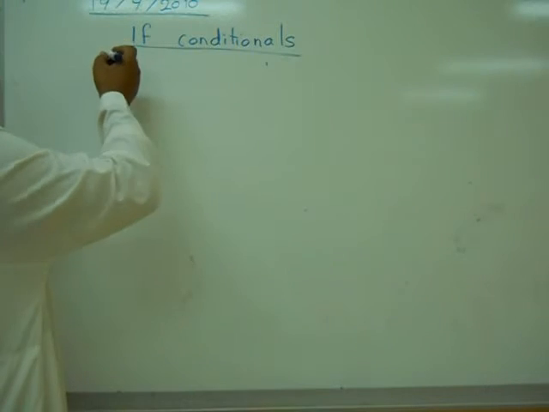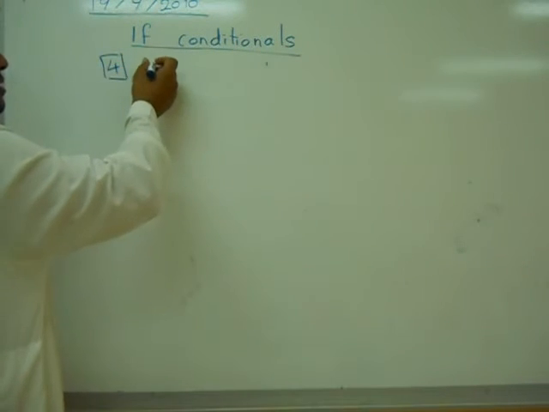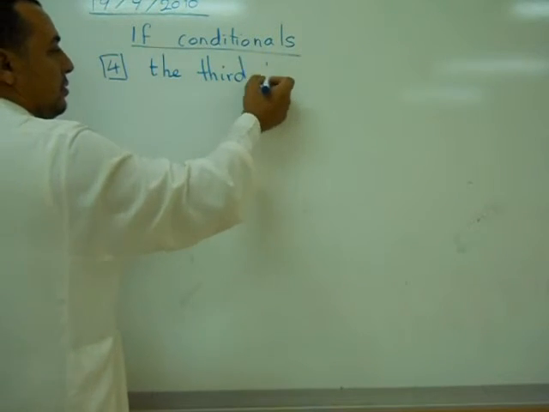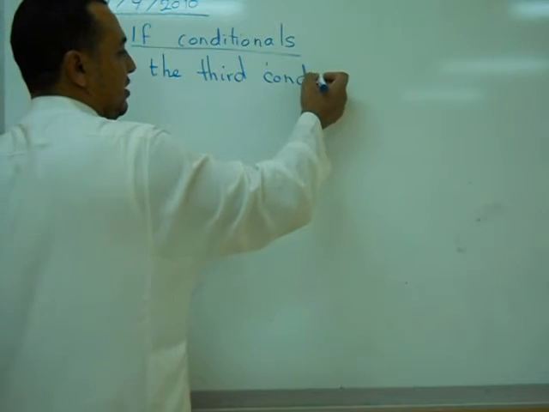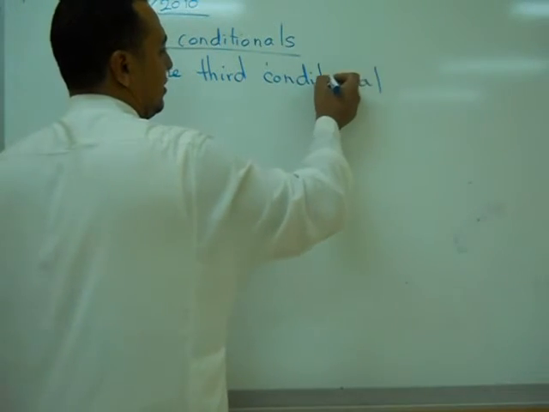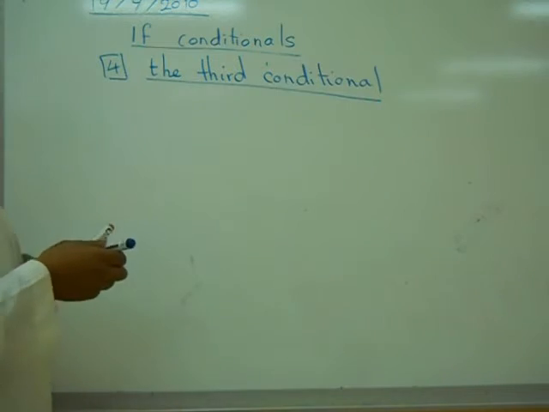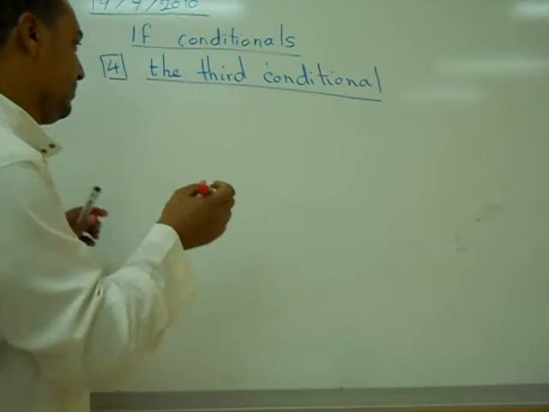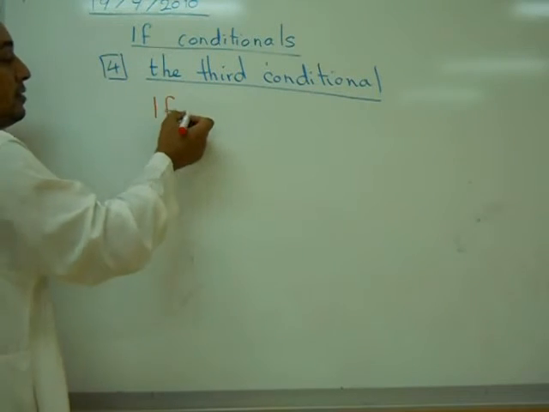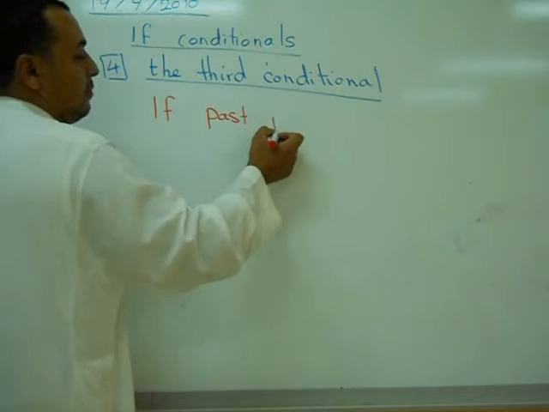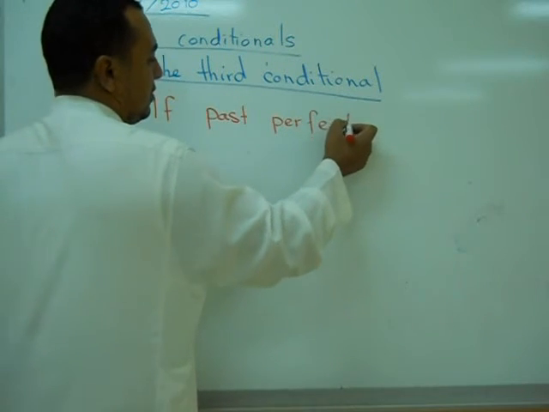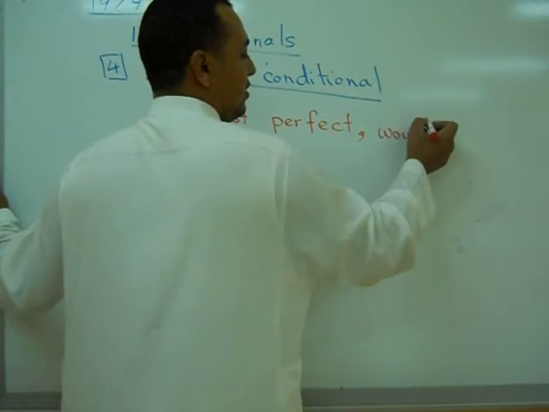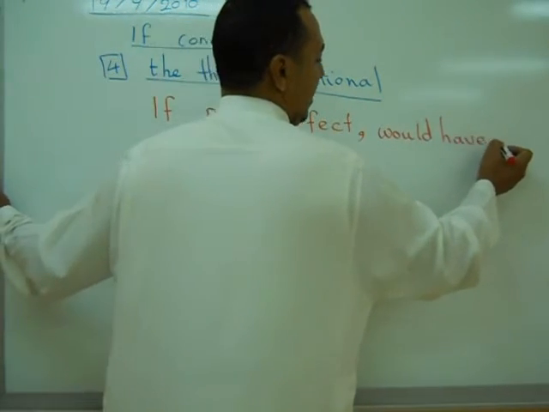So number 4 is the third conditional. In this case, we use it with the past perfect. Okay? On the other side, the result is would have plus the past participle.